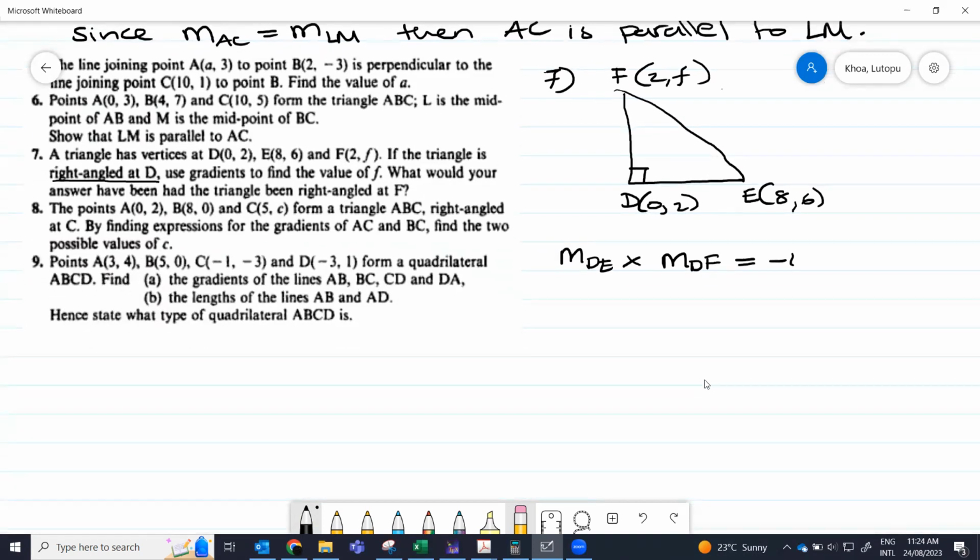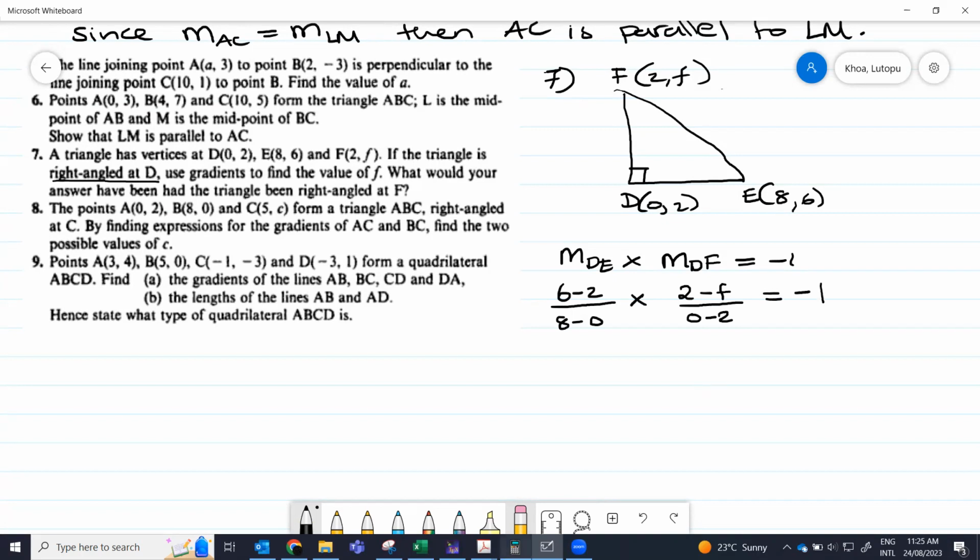So we can already use the formulas here. We know the formula of the gradient is (6 minus 2) over (8 minus 0), multiplied by (2 minus f) over (0 minus 2), and this is equal to -1.